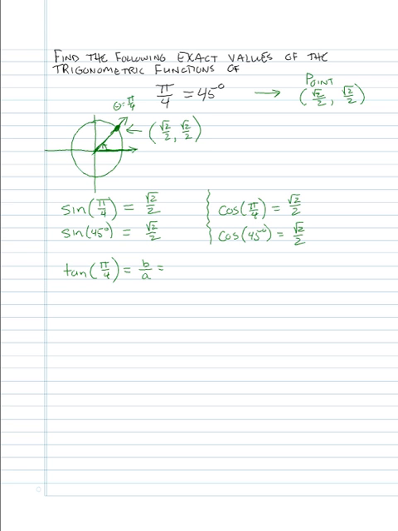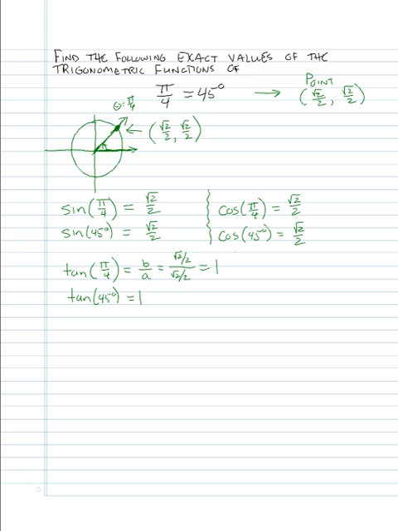Well, in this case, the second coordinate is the square root of 2 over 2. The first coordinate is the square root of 2 over 2. And so when we do that division, we get 1, don't we? So that same idea would tell us that the tangent of 45 degrees, since 45 degrees and pi over 4 are the same, is 1.